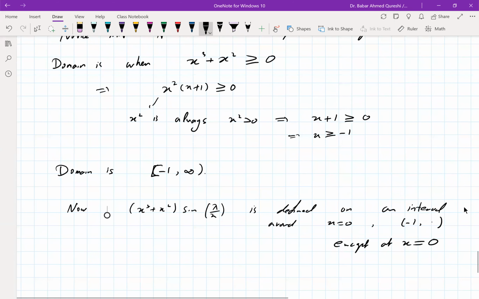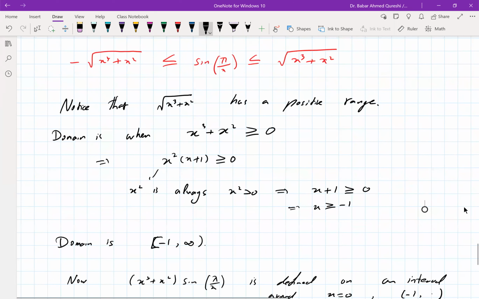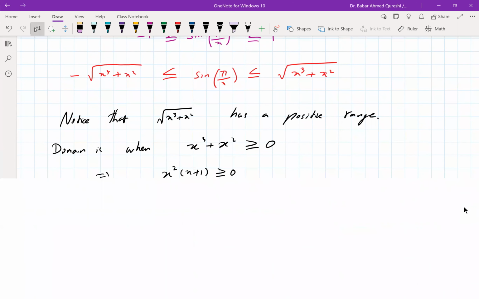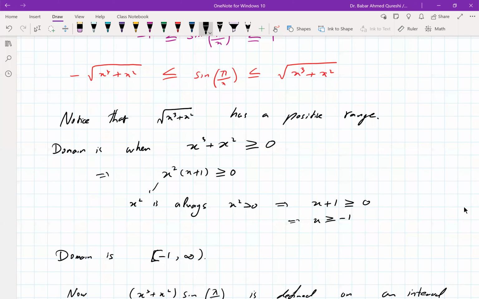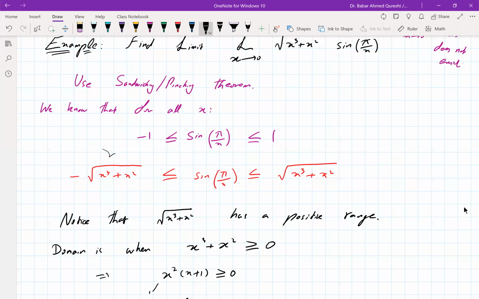And we know that no matter what number we give from the domain, the range is always positive, because that's how you define it. You give it a positive number inside, and it's a positive root which comes outside. So if I multiply it by this, the inequality remains the same.